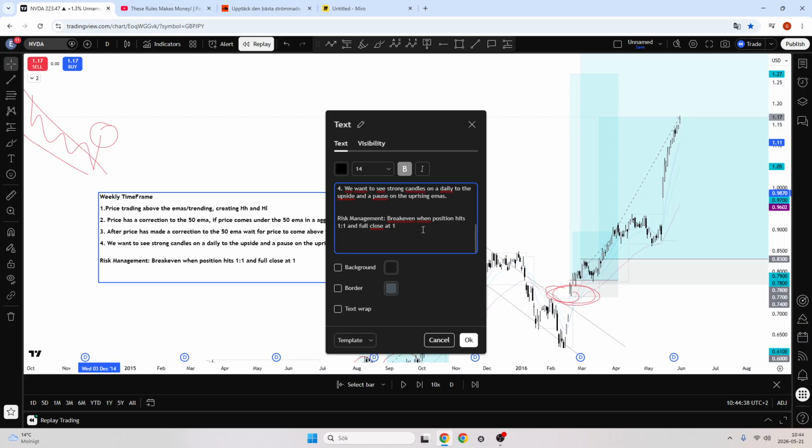So instead of a full close at 1 to 10, when position hits 1 to 1 and full close, and whenever price reaches 1 to 10, close your position, we can say close your position, or wait if price closes above 1 to 10 and track under each candle low for a full close.